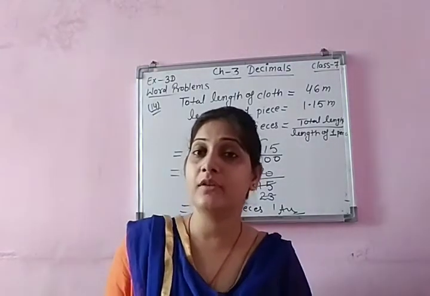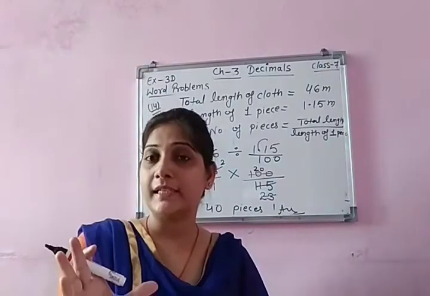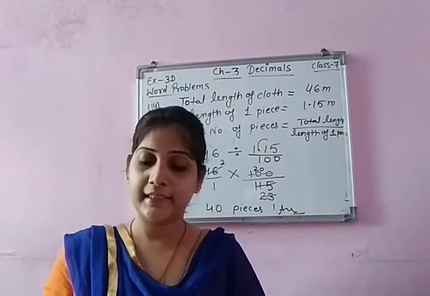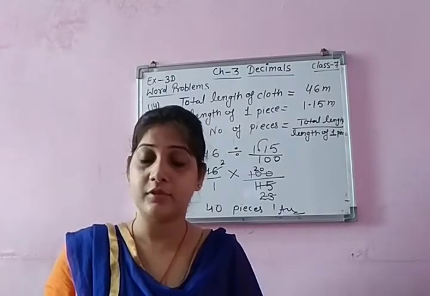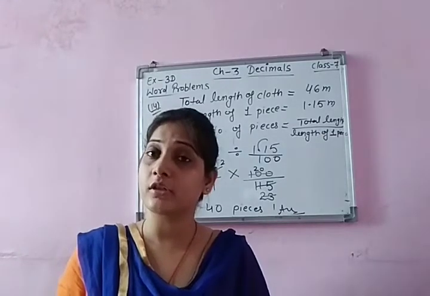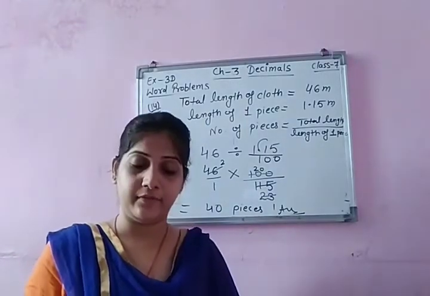So children, if you want to find how many pieces of plywood, the total thickness is divided by the thickness of one. Total thickness is 1.89 meter, so convert it into centimeter. That is given in the hint also, 189 centimeter, divided by 0.35.